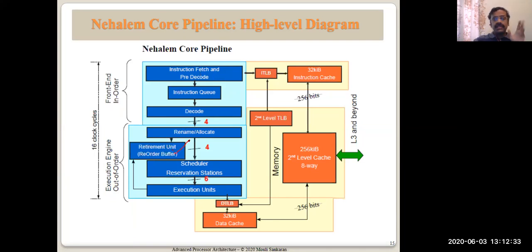Then those instructions come here into the ROB. The reorder buffer gets the instructions before the execution, because here they arrive in sequence. Our reorder buffer needs to maintain the instructions in order. It will know the order only at the input; if it doesn't get it during the input, it will not have it.